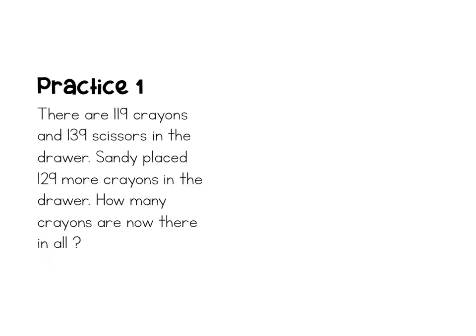Now I want you to try this practice problem, and then we will go over it. Okay, the first thing we need to do is read the problem carefully. There are 119 crayons and 139 scissors in the drawer.